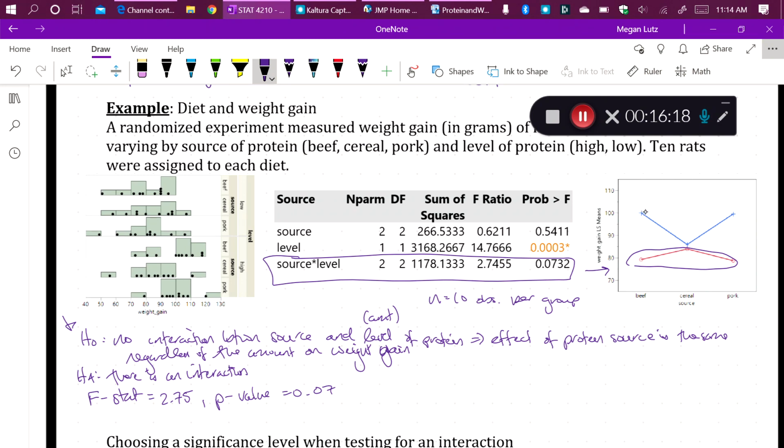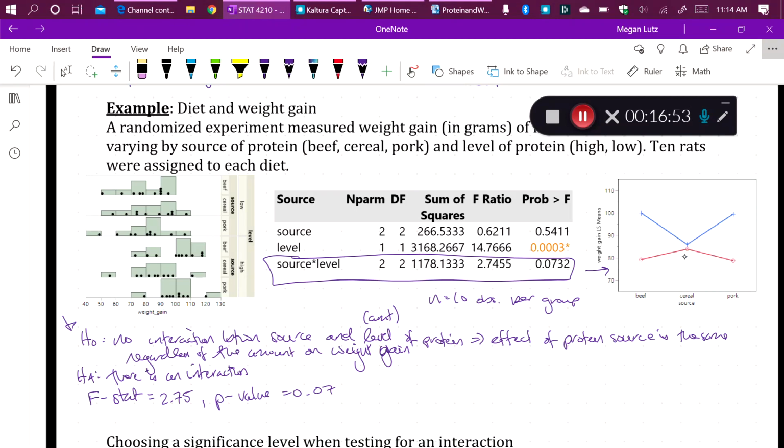So there was a big decrease in the weight gain between beef and cereal and pork and cereal, even though there was no difference between beef and pork. Because there was basically no difference between beef and pork, this is the only place where the interaction effect is occurring. That's why we're having difficulty picking up this interaction effect.